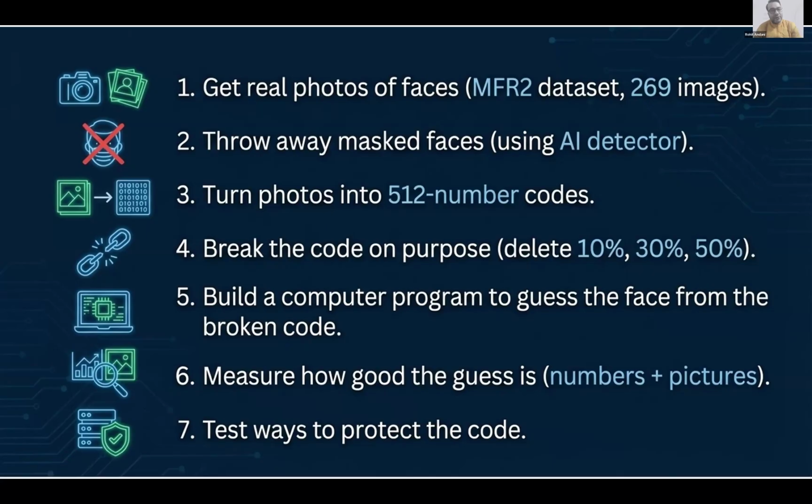Then we started gradually with 10% of the embedding. We deleted 10% of the embedding of the face in the clean data, and checked whether we were able to replicate the exact image or not, then gradually increased to 30% and 50%. When we did this experiment, the result was really shocking.